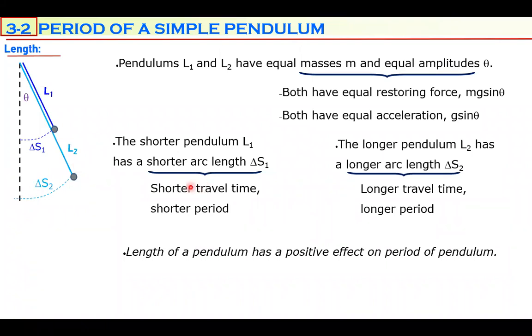As we said, period is changing with the length. This is one thing you should know about the length. If you increase the length of the pendulum, two things increase. One of them is the arc length. The second one is the time of travel, which is the period.